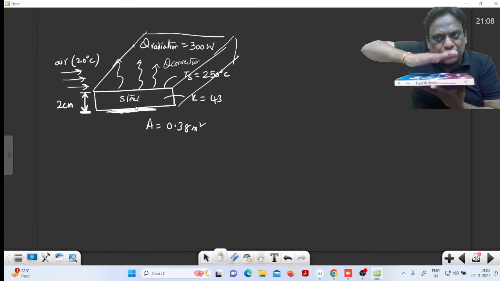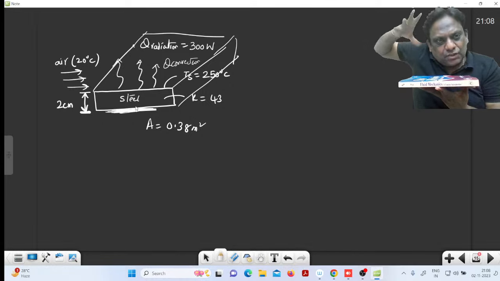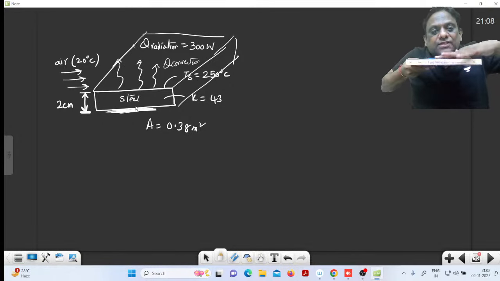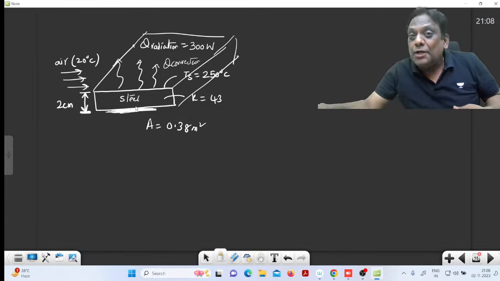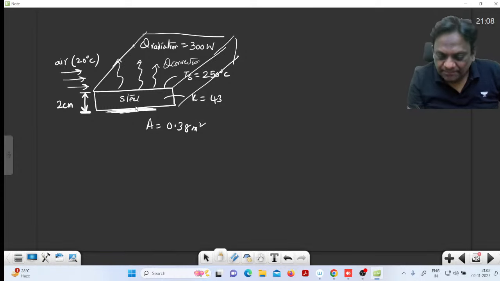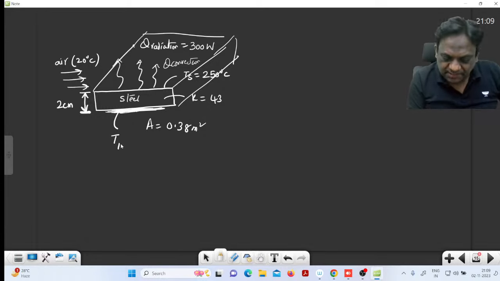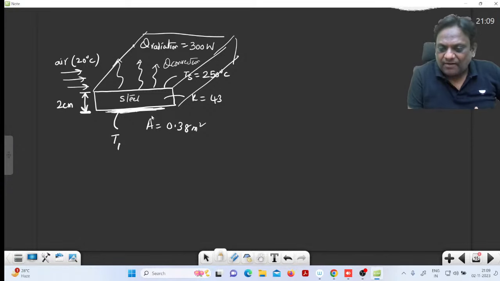And the surface temperature is 250 and the ambient temperature is, what is the ambient temperature given? 20 degree centigrade. अब सवाल क्या है पता है? इसका नीचे का टेम्परेचर पूछ रहा है. ओ माय गॉड, गेस मारो सर, ये वाला टेम्परेचर पूछ रहा है. लेट दिस टेम्परेचर बी T1. ये पूछ रहा है सर. कैसे करेंगे? मतलब इनर, अंदर वाला.